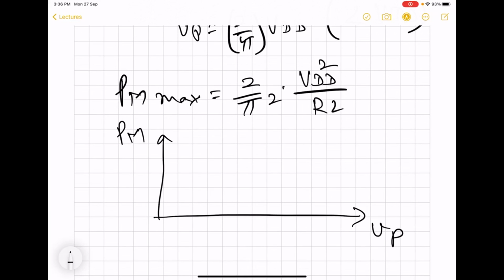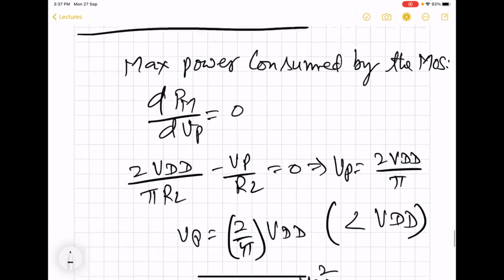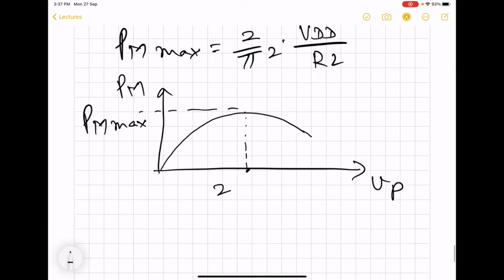So average power in the MOS is a function of Vp, and if one plots it, this is the kind of plot we will get. So this is the maximum power dissipation case, and this occurs for the value which we have calculated here, 2 VDD by pi. So when Vp is equal to this value, maximum dissipation occurs.